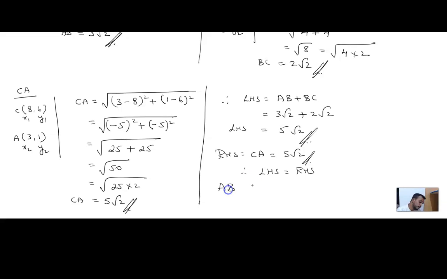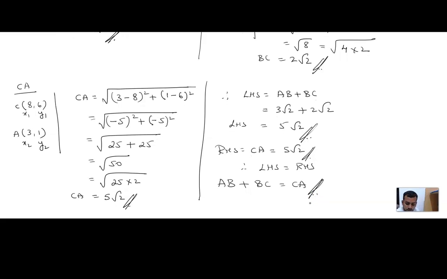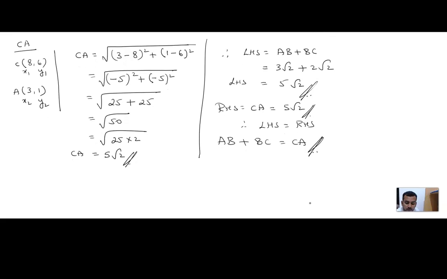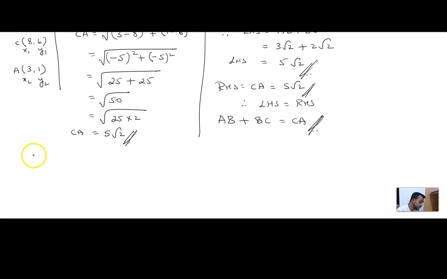Now we can say that AB plus BC is equal to CA. Understood? Hence we can conclude that A, B and C lie on the same line.